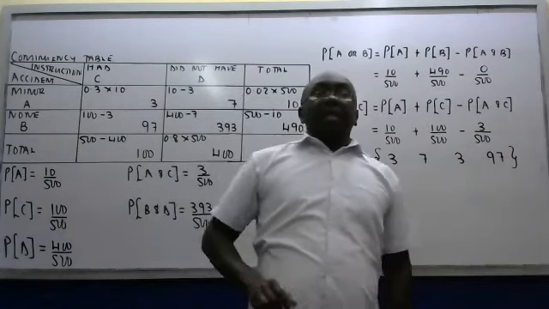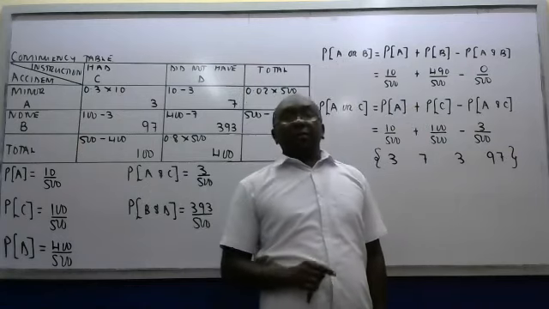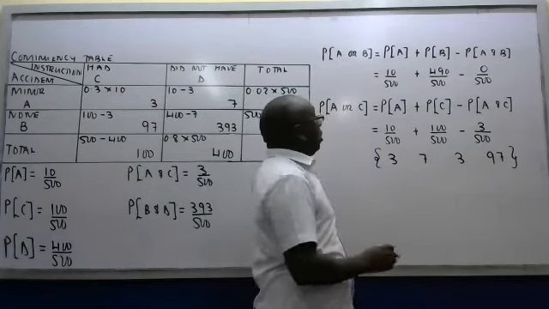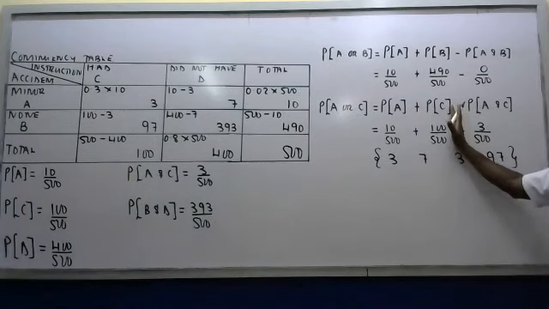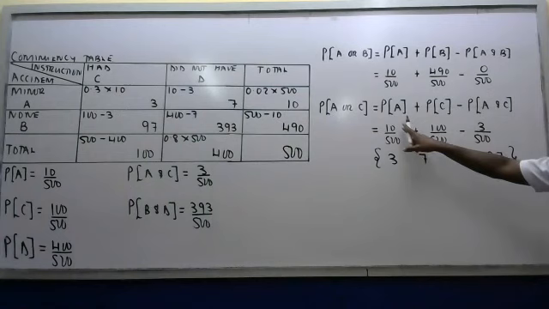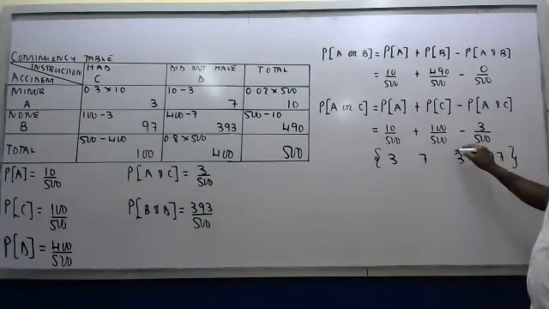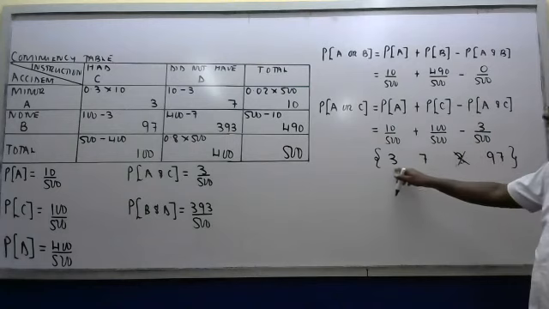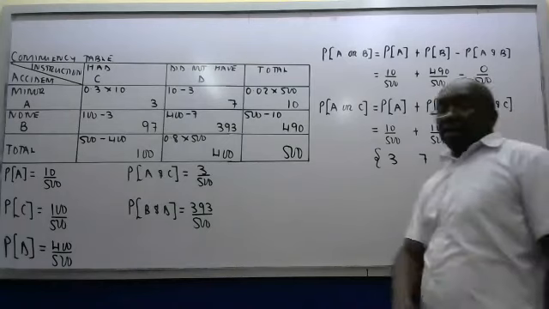And I told you yesterday that in a set, a member can only appear how many times? Once. So here, 3 will have appeared twice, because it is here in the 10 and it is here. So we must remove one, so that we are just left with 1. Maybe you can also note that to help you to remember.